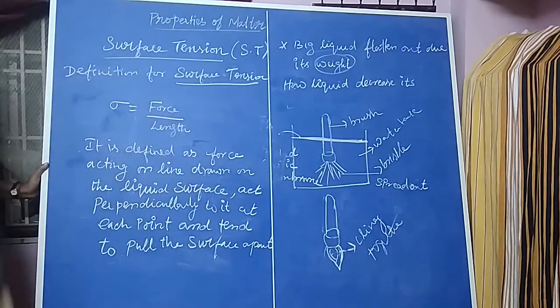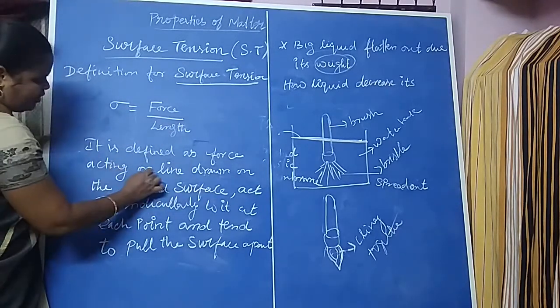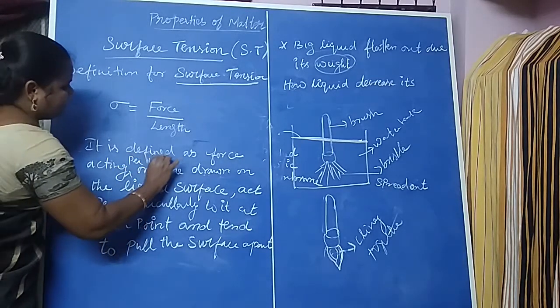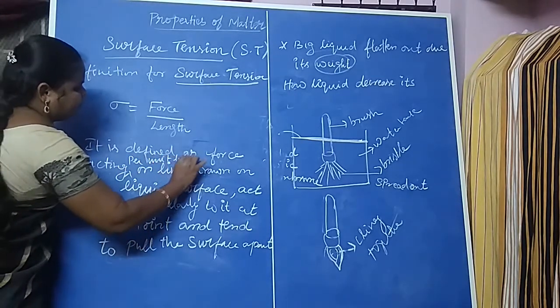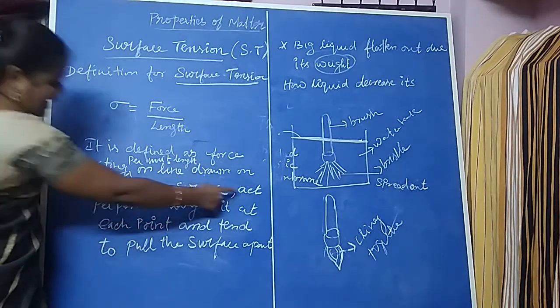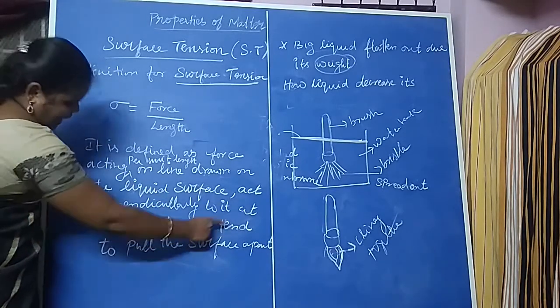So this is the definition for surface tension. It is the force acting per unit length on a line drawn on the liquid surface and acting perpendicular to it at each point and tending to pull the surface apart.